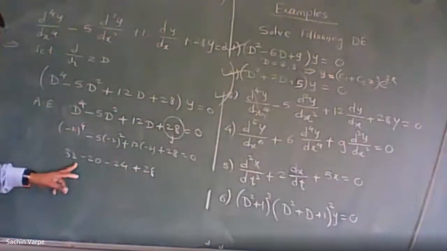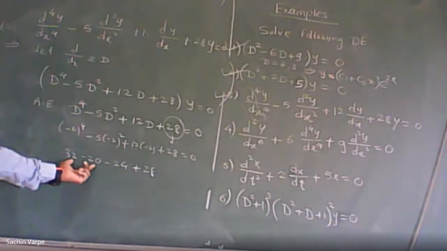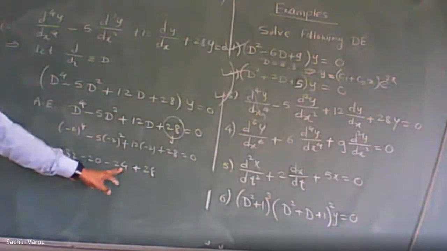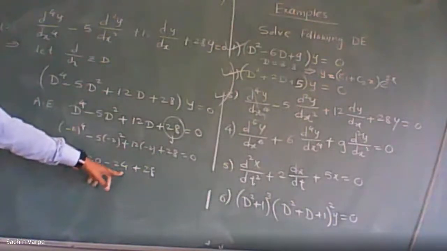So here this is minus 12, plus 12 minus 24, minus 2.